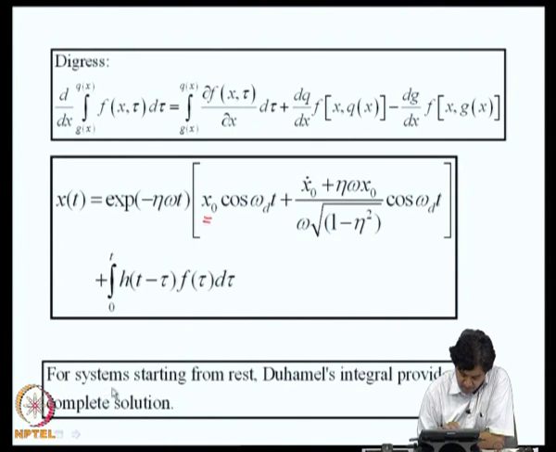That means for a system starting from rest, Duhamel's integral provides the complete solution. It also incorporates in its fold the part of the solution which corresponds to the initial condition x of 0 is 0, x dot of 0 is 0. In that sense it differs from the way we wrote particular integrals in the previous lecture.